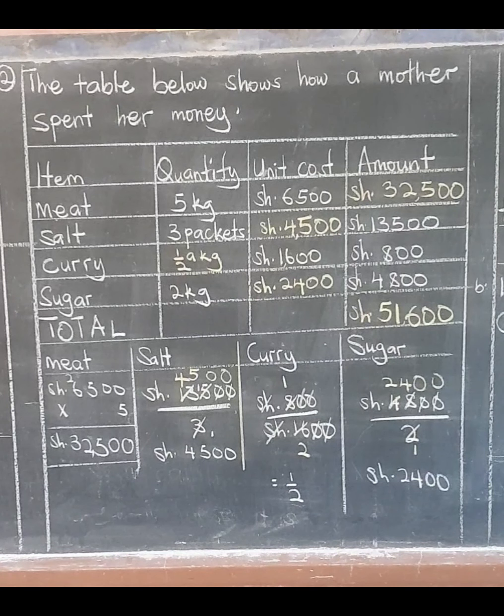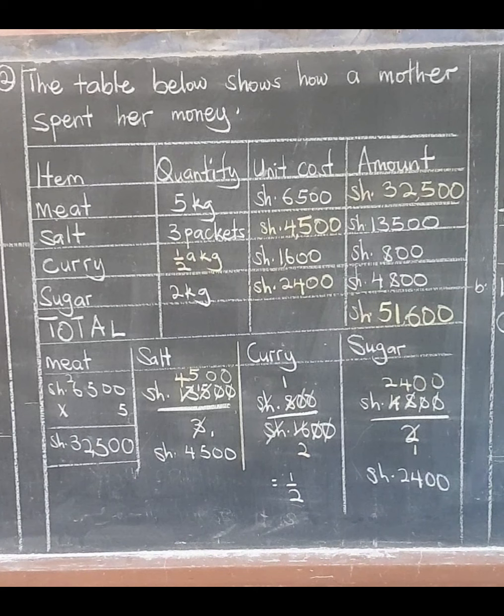Then we come to the next item, which is carry. Children, on that part, be critical. According to that item, they gave us the unit cost and the amount, but they didn't give us the quantity. Children, how do we find the quantity?